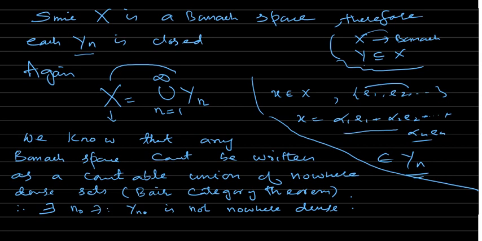Which precisely means that the interior of the closure of Yn naught is not the empty set. This is the definition of a nowhere dense set: the interior of the closure is the empty set. But Yn naught is a closed set, as you have already seen, because they are Banach spaces that are subspaces of a Banach space. That we have already proved: each Yn is closed.